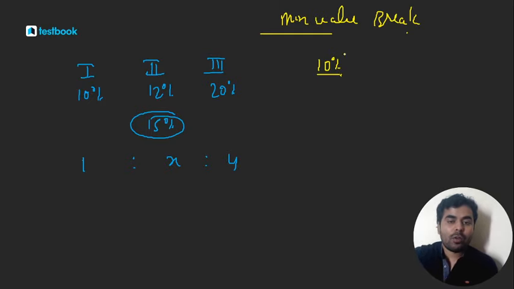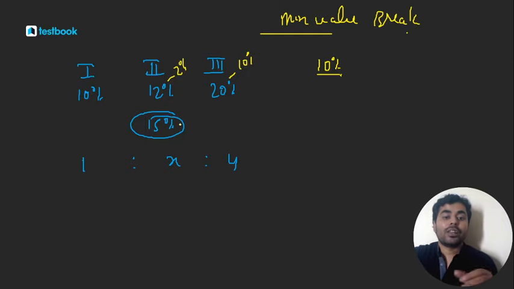Now what will happen after that? You are having some values extra, that is 2% extra here and 10% extra here. So these extra values will impact the total percentage and bring it to 15%, because the minimum value is 10% and we have to make it 15%. Then who is responsible for the extra 5%?